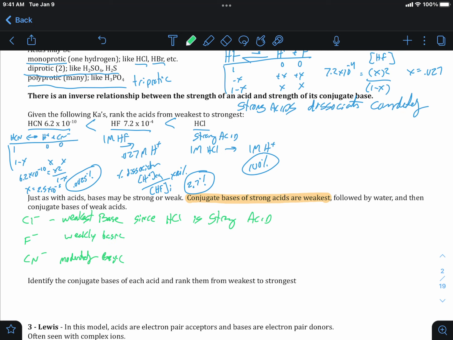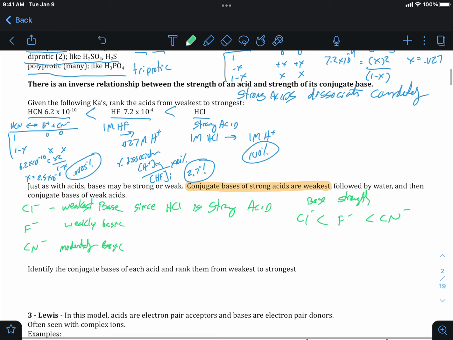So the order goes, base strength: Cl minus is the weakest as a base, and then F minus, and then CN minus.